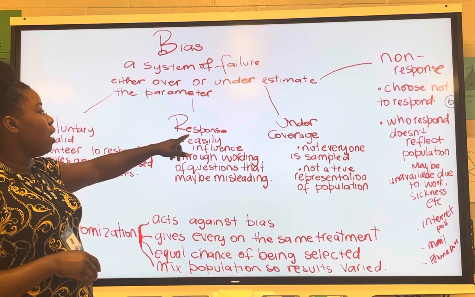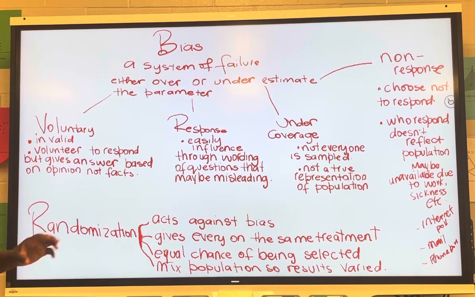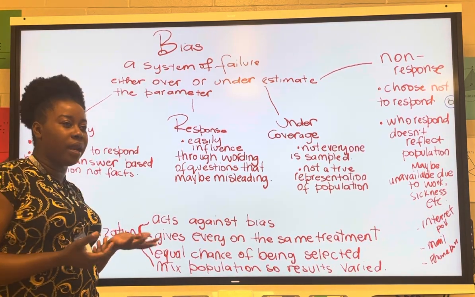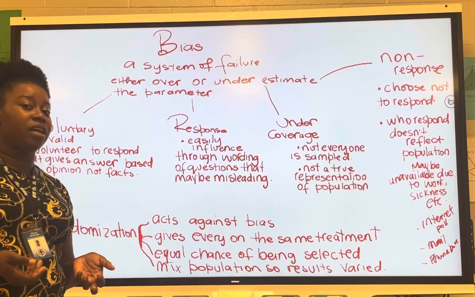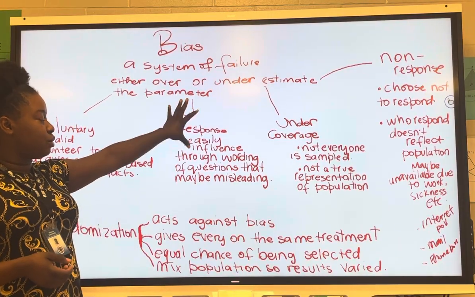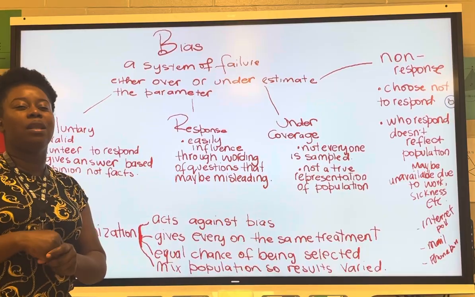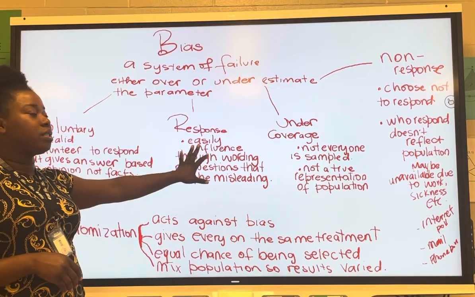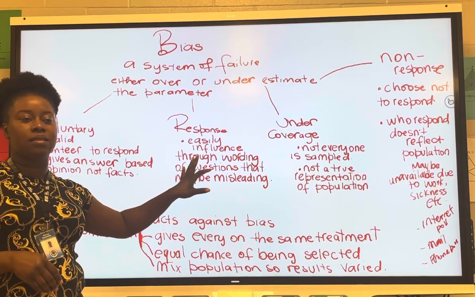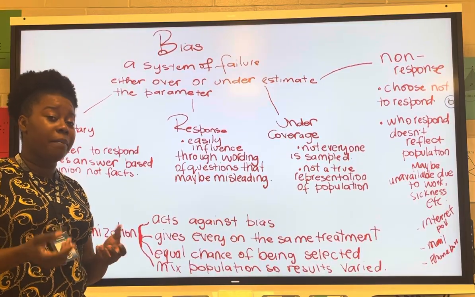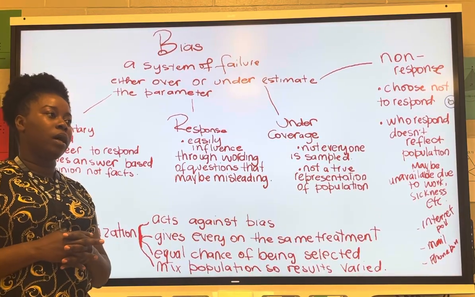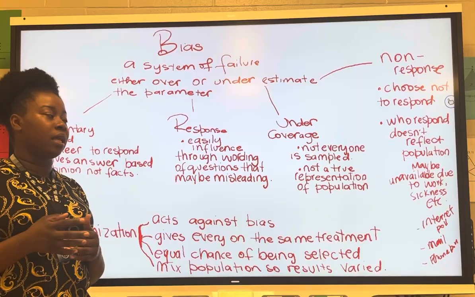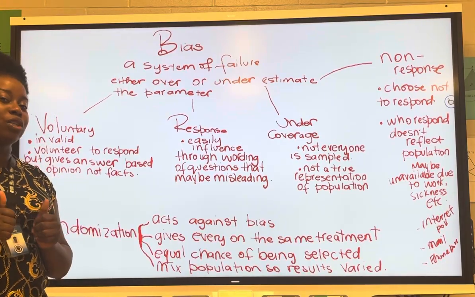Response bias. These biases are easily influenced by the wording of questions by the researcher. Some people call it the researcher's bias because the researchers are the persons who create the questions. And sometimes they are biased themselves because they want their data to be skewed in a particular direction, and that's not a true sample.